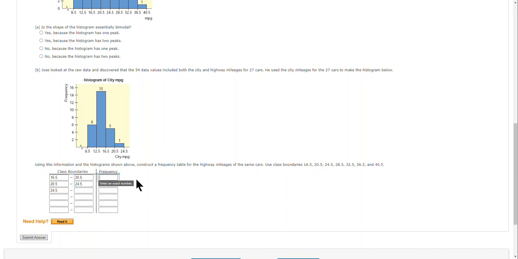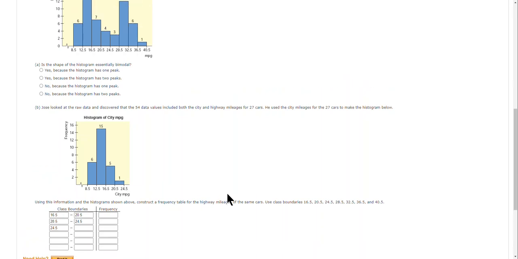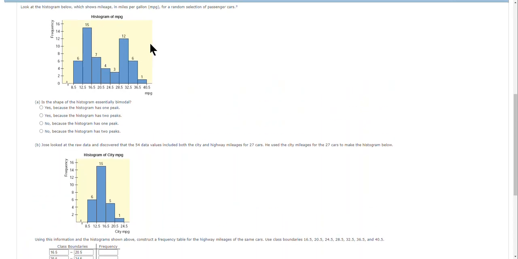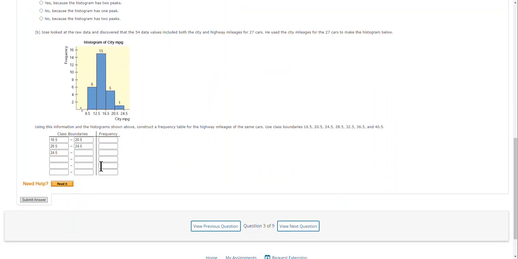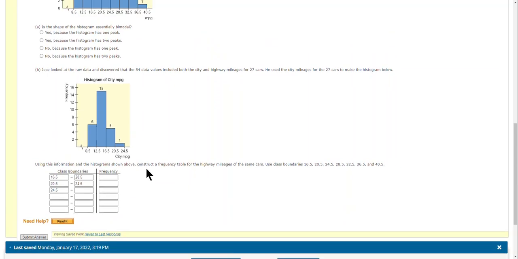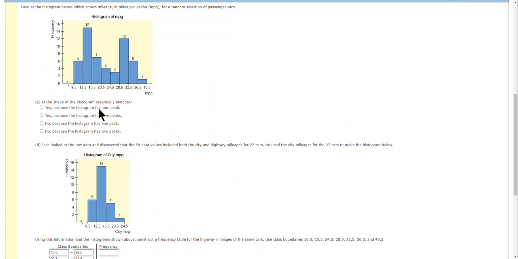Let's look carefully at the frequency. This is frequency for highway vehicles. This is all the information. This is city information. This is highway information. So for 16.5 to 20.5, there are 7 vehicles in that range for all.